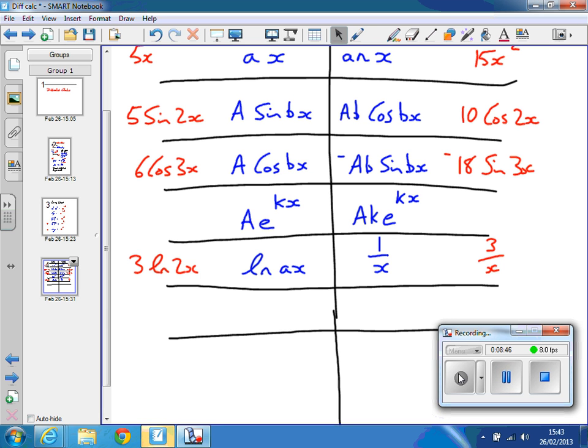So any number inside here, the a here, actually just disappears, it just becomes 1 over x. So if there's a number in front, like the 3 there, then that stays on top, but you divide it by the x. So 3 log 2x becomes 3 over x, because the differential of log ax is 1 over x. Just 1 over x.